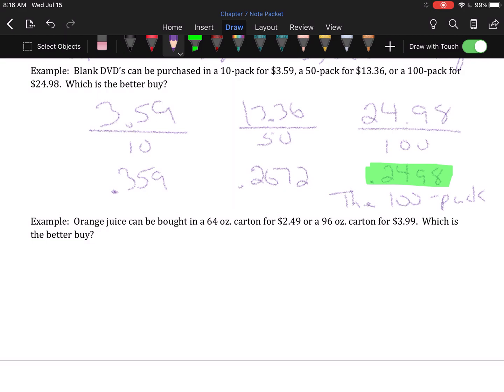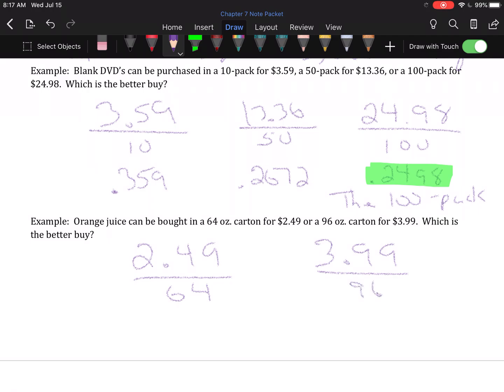And the last example is of the same kind of a problem. Orange juice can be bought in a 64-ounce carton for $2.49 or a 96-ounce carton for $3.99. Which is better? Anytime money is involved, money goes on top. So we've got $2.49 for 64 ounces. We have $3.99 for 96 ounces.